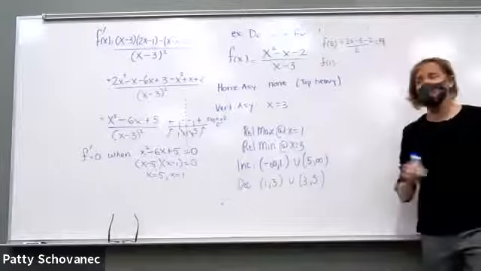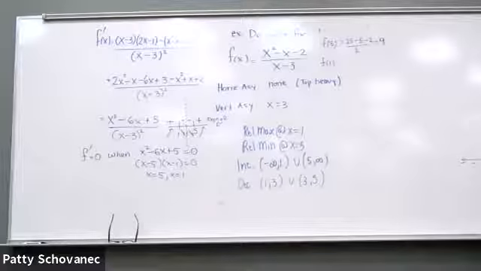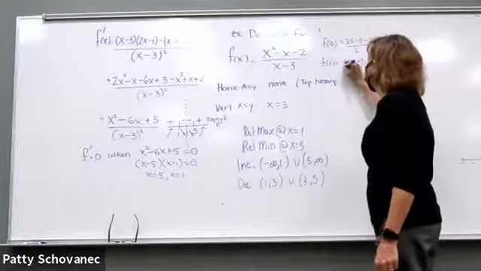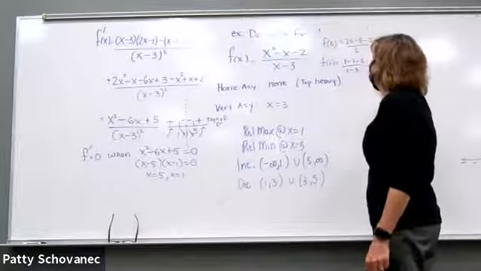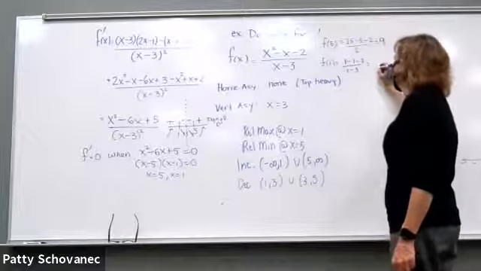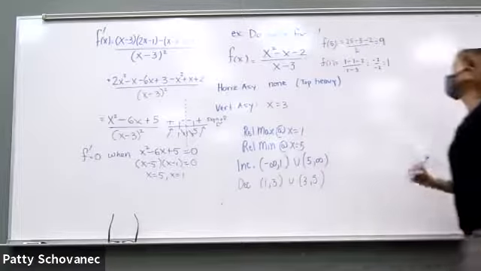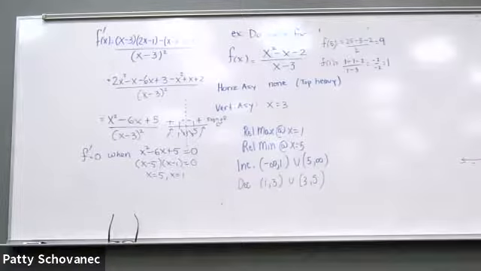So the ordered pair 5, 9 is our relative minimum. F of 1 is 1 minus 1 minus 2 over 1 minus 3, which is negative 2 over negative 2. And so the ordered pair 1, 1 is a relative maximum.